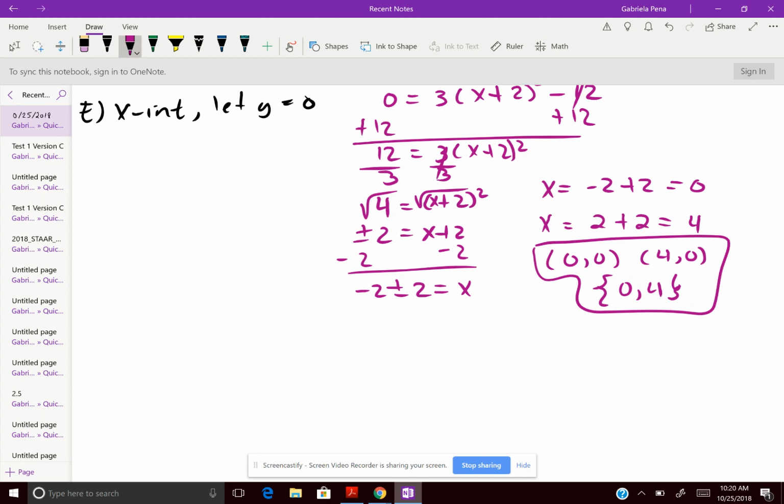This could be a positive or a negative, but it should be up in the front. Wait, I messed up. It's -4, right? Yes, you're right. My bad. So this should be -2 minus 2, which is -4.